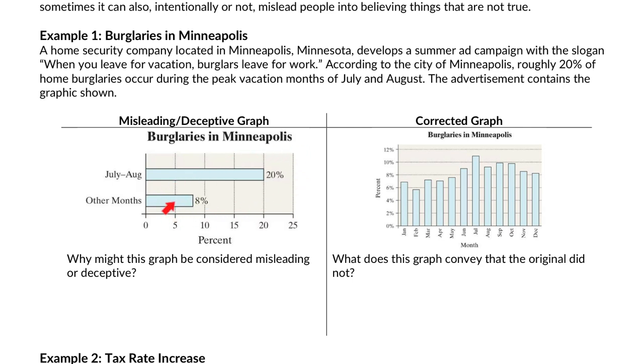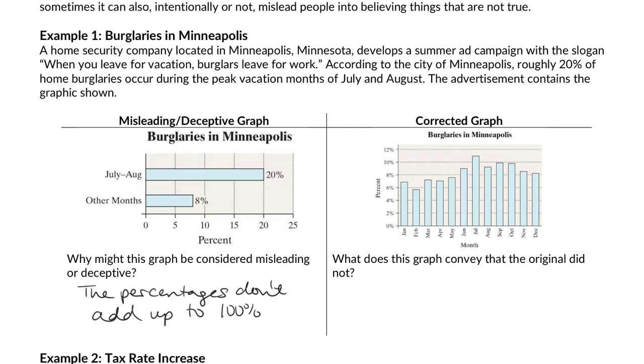What do these percentages add up to? When we're talking about the percent of burglaries that occur in which month, they should add up to what number? 100. This is misleading because the main problem, besides the one you guys said about where the other months are, is that the percentages don't add up to 100.